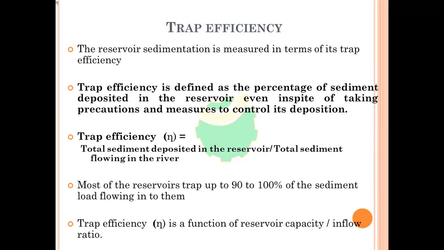How to calculate the percent of deposition of sediment? It is calculated as total sediment deposited in the reservoir divided by total sediment flowing in the river. So trap efficiency is the ratio of total sediment deposited in the reservoir to total sediment flowing in the river.